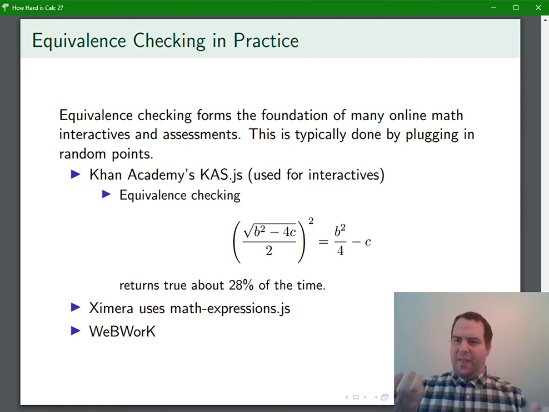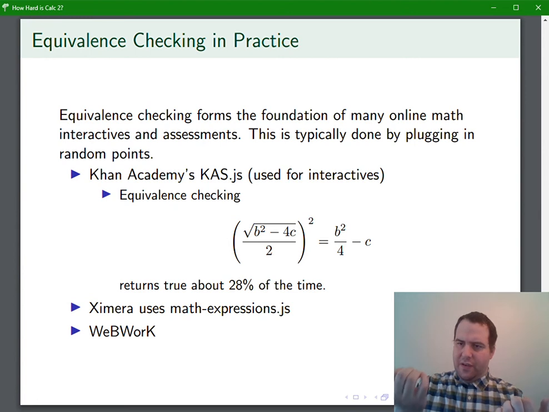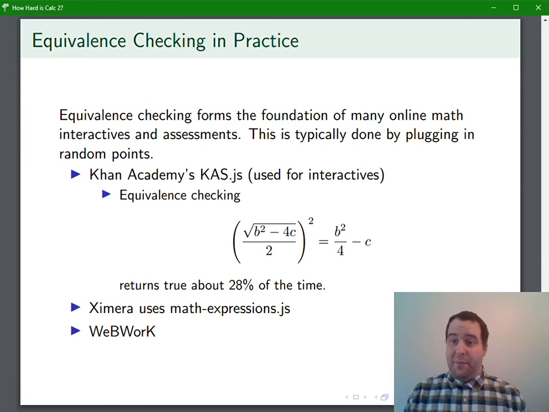And surely what these homework systems must be doing is they take the formula that the student enters and check to see if it's equivalent to the answer that's in the database. Right, so there's equivalence checking that has to happen in order for this homework system to work properly.